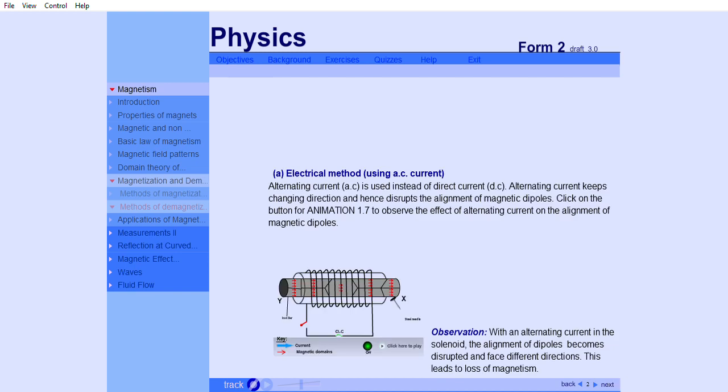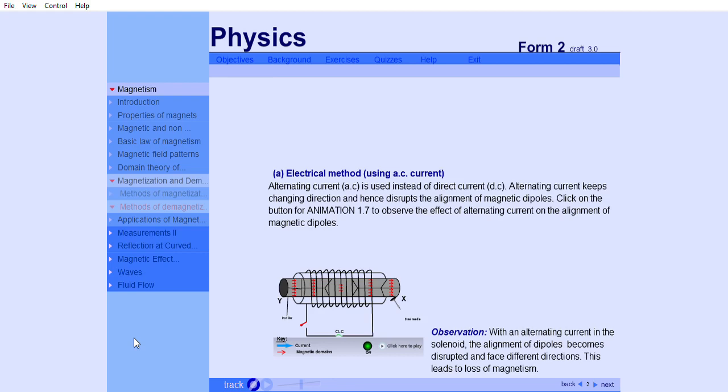Electrical method using AC current. Alternating current, or AC, is used instead of direct current, or DC. Alternating current keeps changing direction and hence disrupts the alignment of magnetic domains.